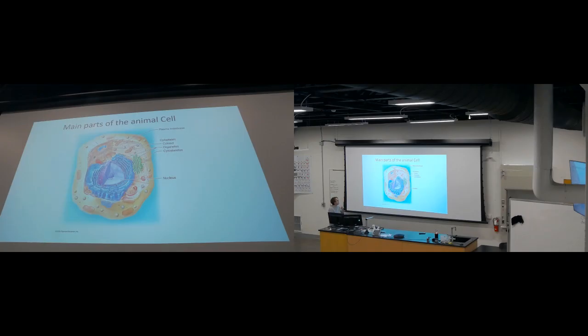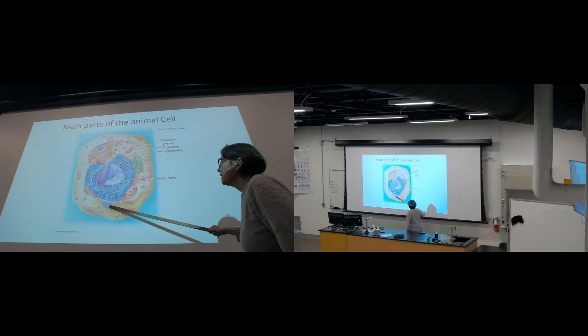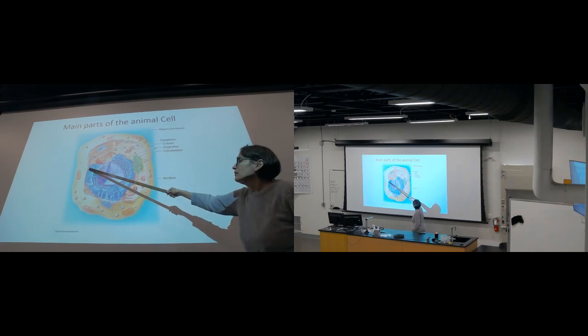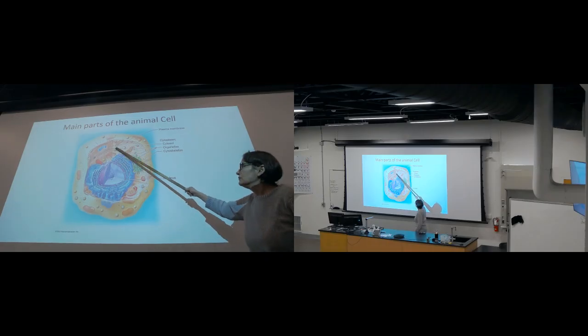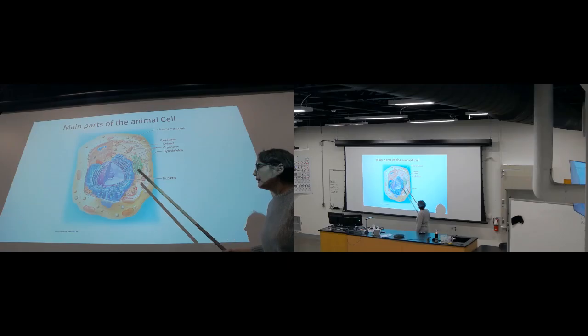So here are the main parts of an animal cell. Here we have the plasma membrane, and then this is the cytoplasm, this is the nucleus, and then we have all of these organelles.